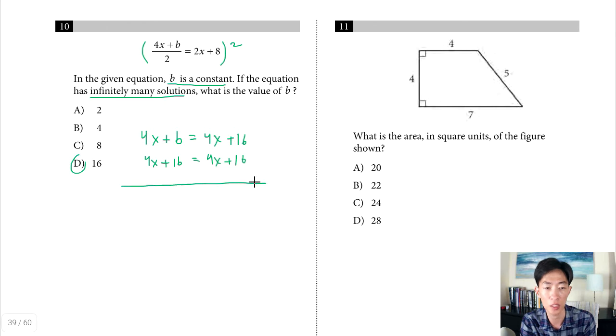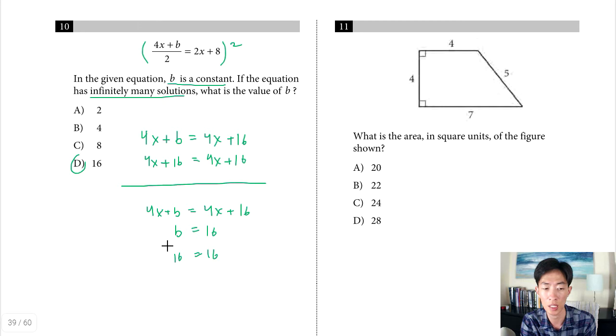The alternative way to think about this is after you've done the same thing, you've got 4x plus b equals 4x plus 16. You can subtract 4x from both sides and get b equals 16, because by eliminating the variable, you're looking for a statement that's always going to be true. So if b equals 16, then 16 equals 16 is always a true statement.